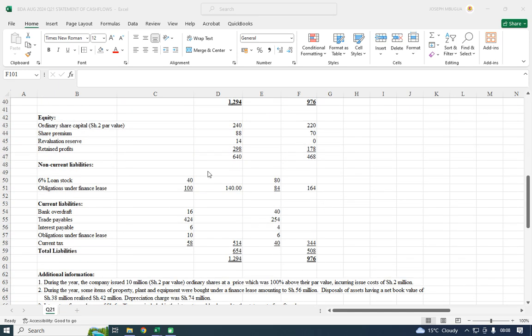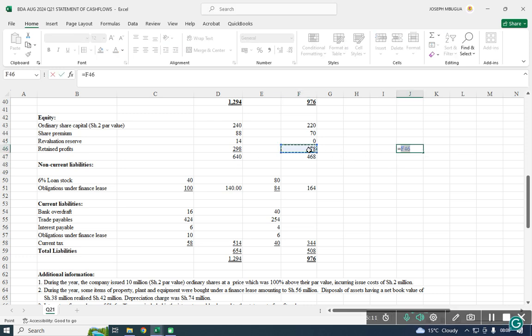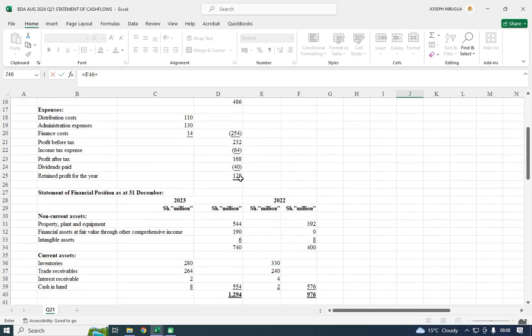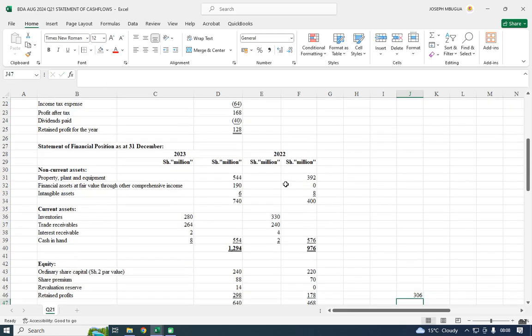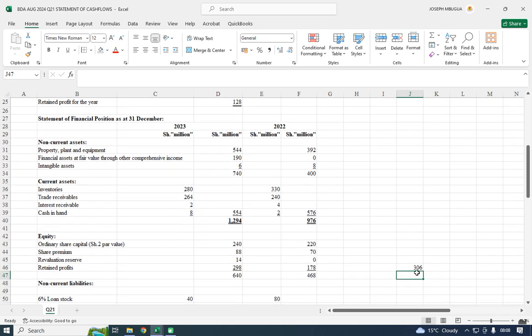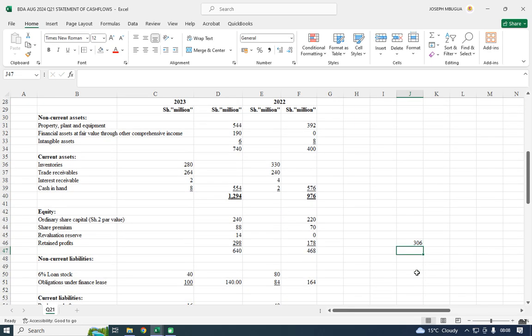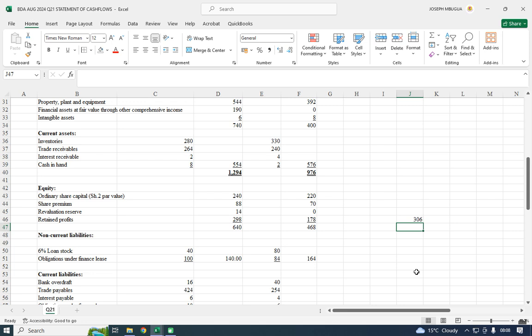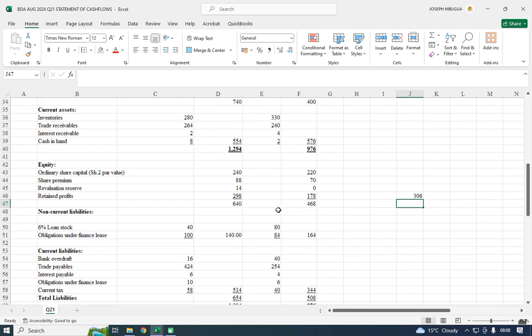When we add the retained profit, if we can confirm, at the beginning we had this, and we add for the year, which was 128. It is giving us 306. So it is not adding up, because we are supposed to have 298.